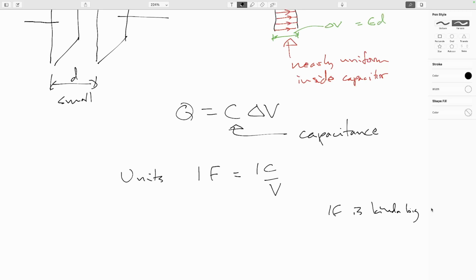Those capacitors are usually about the size of a coffee can. So 1 farad is an amount of capacitance that exists, but devices don't usually get much bigger than that.